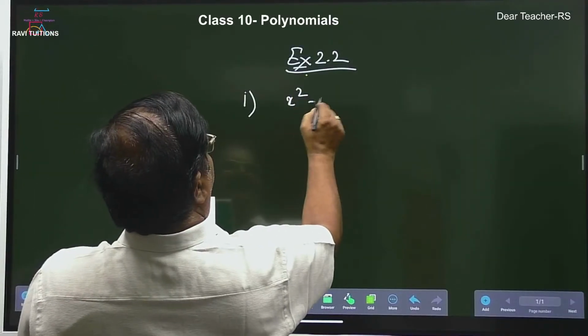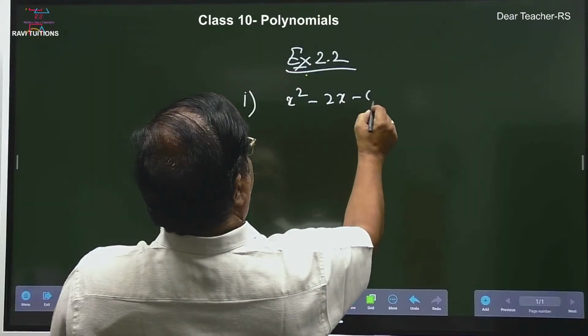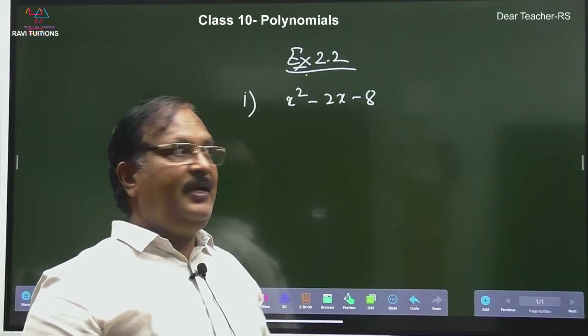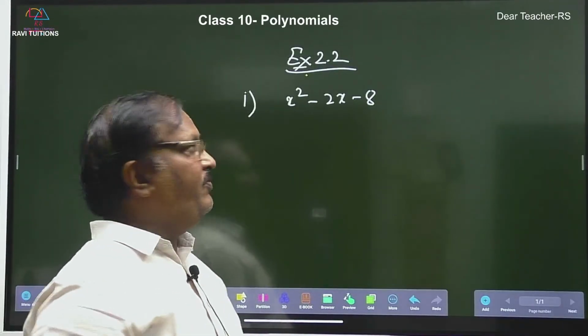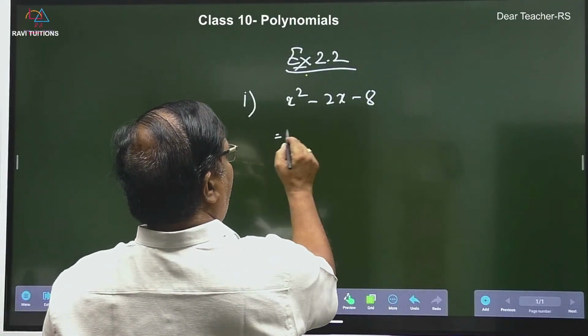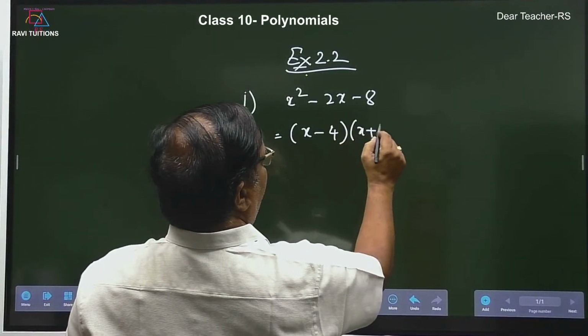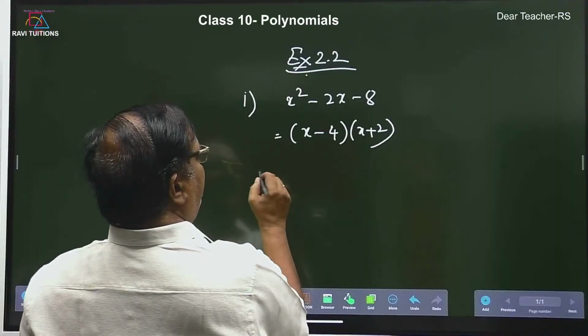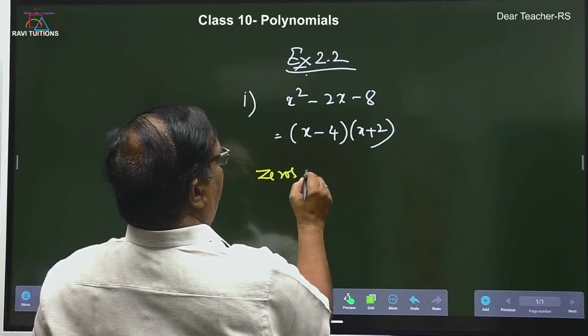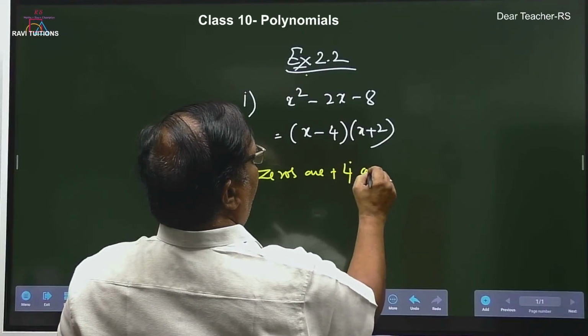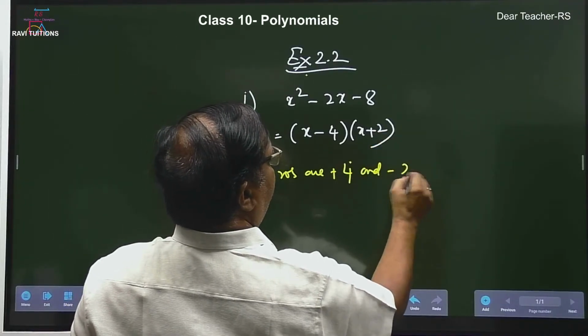x square minus 2x minus 8. Okay, splitting the middle term, factorize. After factorizing, I will directly write x minus 4 into x plus 2. So the zeros are: minus 4 means plus 4 and plus 2 means minus 2.